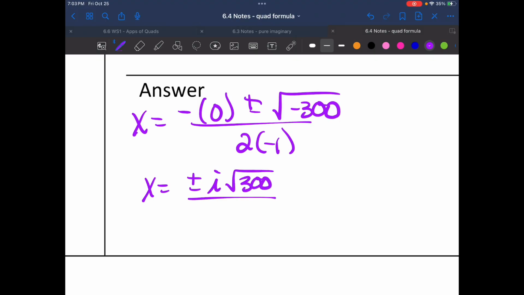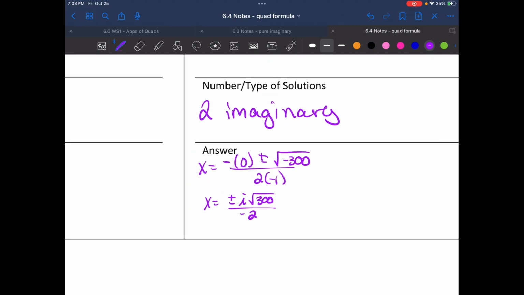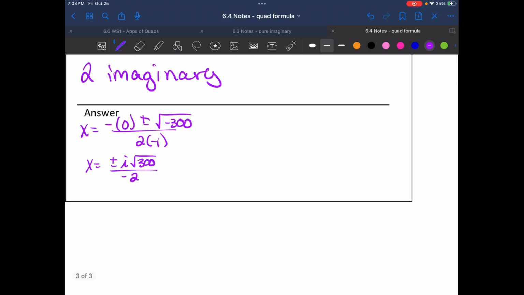I'm going to take that I out. Alright, so 300. Smallest term is 2, but I'm going to do something different. I'm going to do smallest term is 3. The reason I'm going to do that is because 300 divided by 3 is 100, and that's a square.